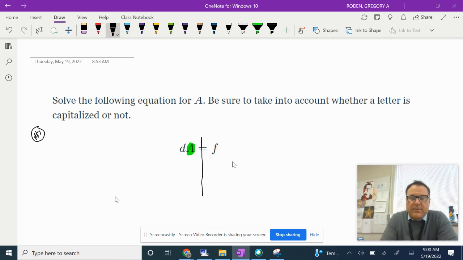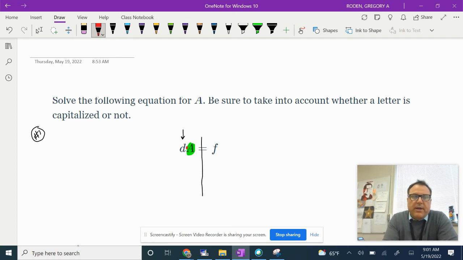And then what I'm going to do is, now what is connected to the A? Well, the D is connected to the A. And how is the D connected to the A? If there's no symbol in between, that means multiplication. So we know there's this spooky multiplication dot right here between the D and the A that we're never going to write. We just have to know it's there.